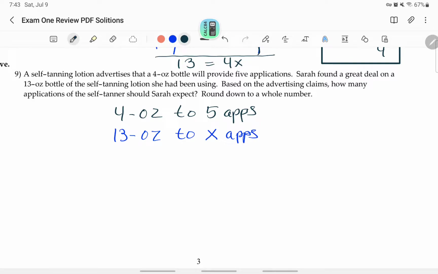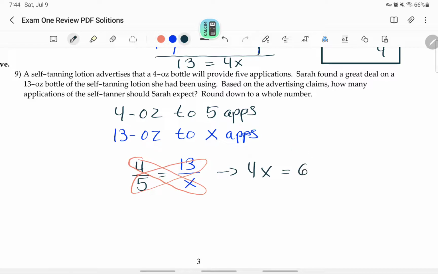Let's set this up as a ratio. We can write this as 4 over 5 is equal to 13 over x. I don't know if you can hear them outside, but they're playing Spanish music. Anyways, let's cross multiply. 4 times x. That's 4x. That's equal to 5 times 13.